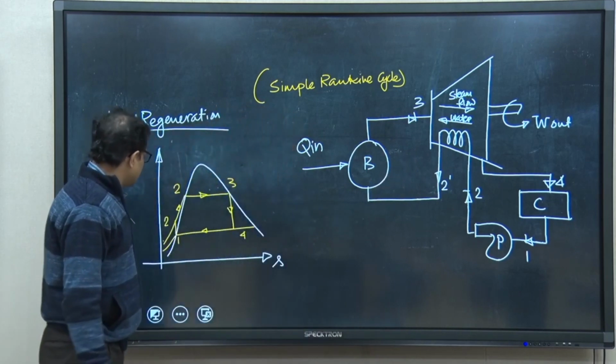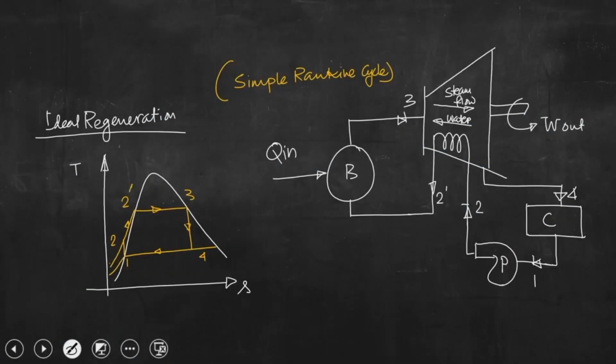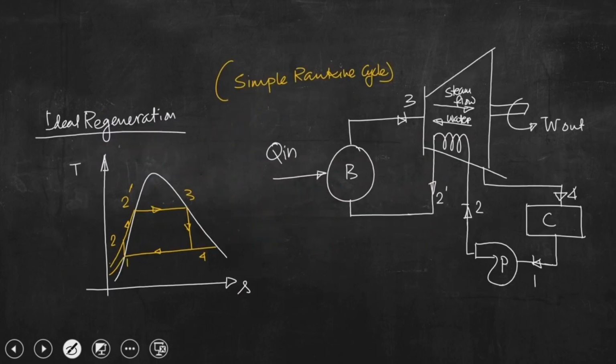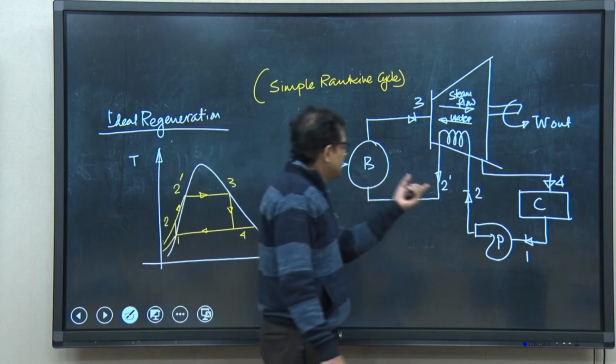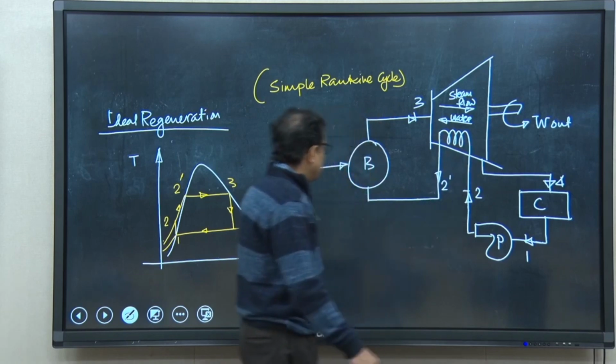So, this 2 to 2 prime is the heating. Instead of that heating, if we go back to the previous slide, this 2 to 2 prime heating should be done inside the boiler. Now, pertaining to this particular configuration, this heating, instead of occurring inside the boiler, is done through this arrangement, that is, inside the turbine.